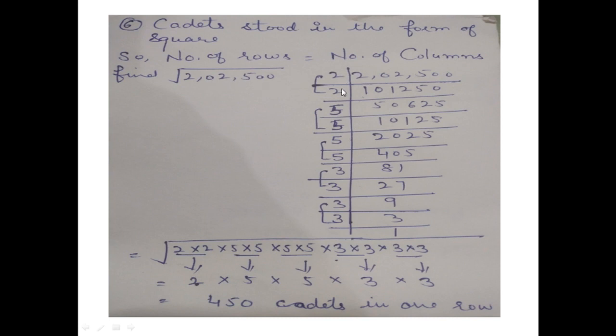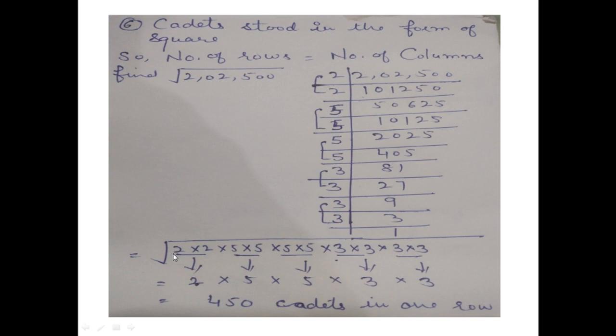When you find the prime factors of this number, you will get 2 multiply 2 multiply 5 multiply 5 multiply 5, 5, 3, 3, 3 and 3. Find the square root of these prime factors which you have found here.